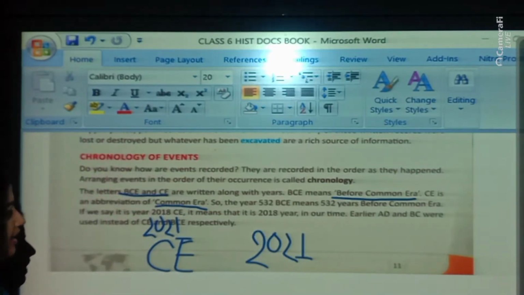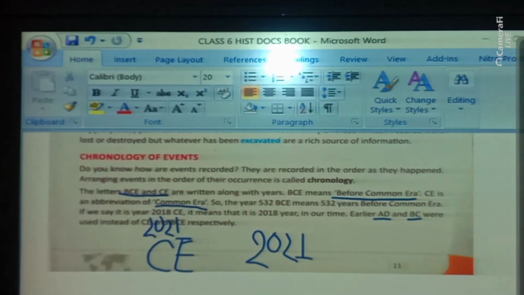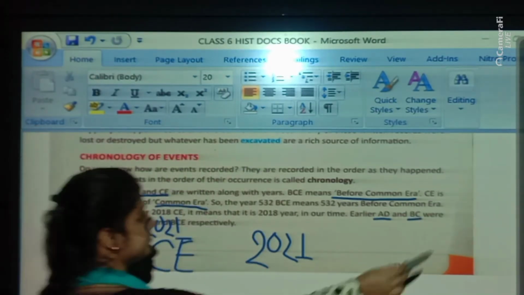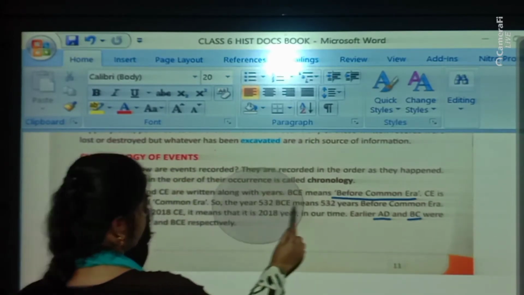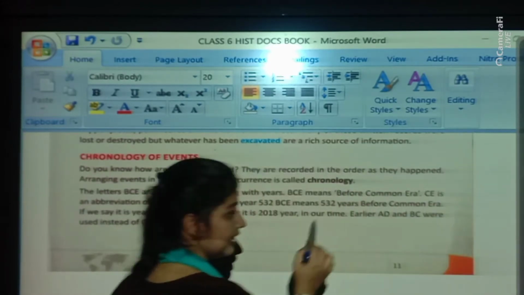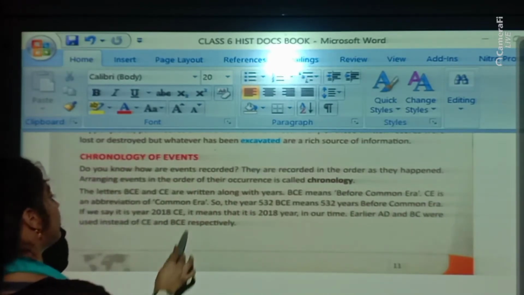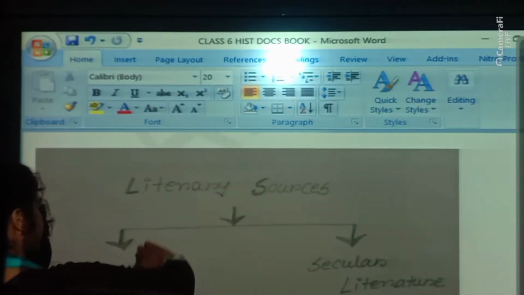Earlier, AD and BC were used instead of CE and BCE. If we simplify these things, then we have to look at it in the extra content.